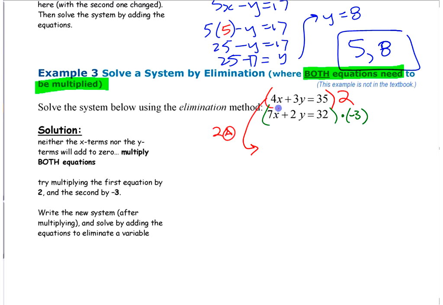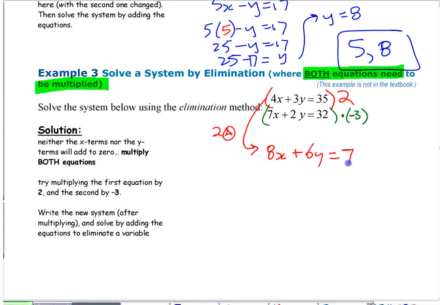Instead of 4x plus 3y is 35, I got 8x plus 6y equals, what's the number on the other side? 70. And then if I do the second one here, we multiply by -3, you're going to get -21x minus 6y, and then whatever -3 times 32 is, -96 or something. Then you're going to get somewhere with it.